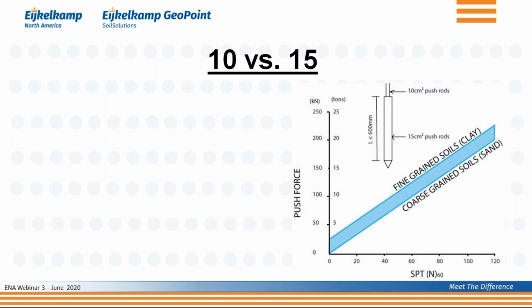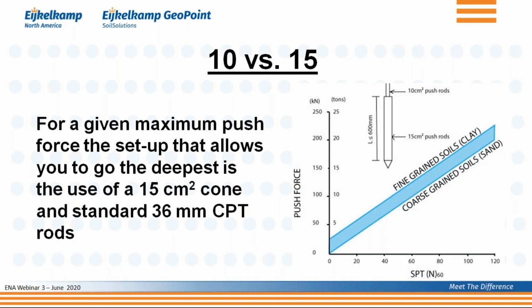But there's another aspect that is important, and that has to do with the way you can push a cone into the ground and what depth you can reach. Obviously, when you push a cone into the ground, you have a maximum push force available. The rig that you're using can only provide so much pushing force.